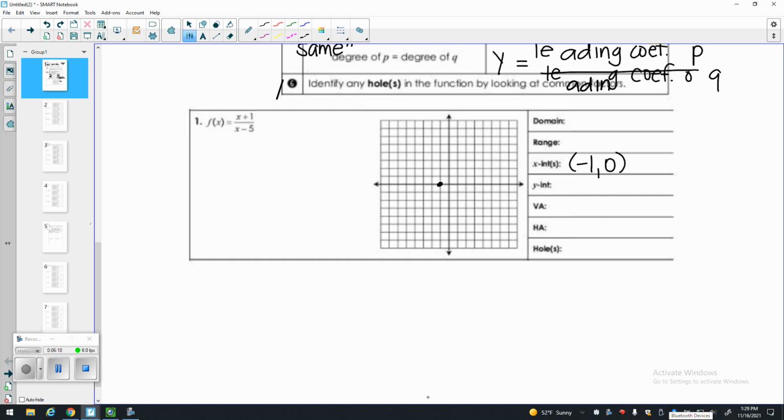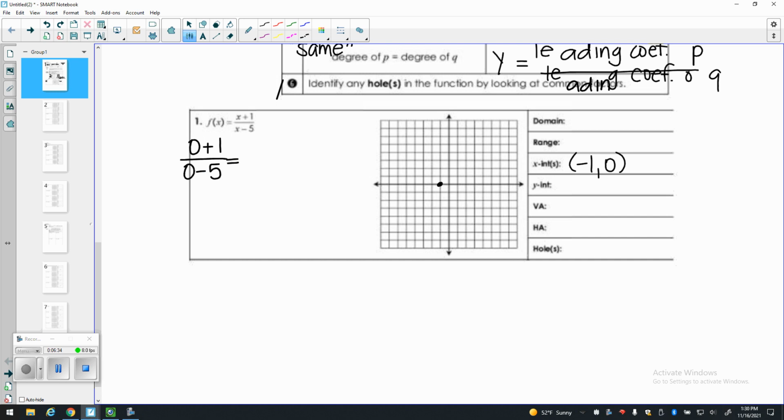Now, you can have multiple x-intercepts, but you can only have one y-intercept. I believe number 3 is finding your y-intercept. So finding your y, that's when you plug 0 in for x and solve. If I plug 0 in for x, I would have 0 plus 1 divided by 0 minus 5. Agree?